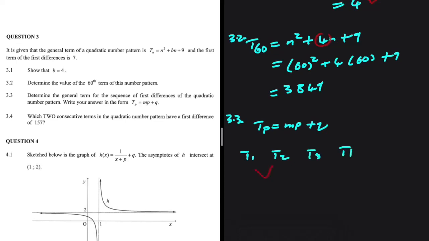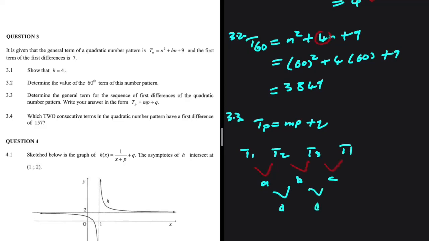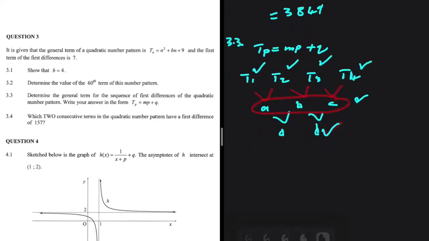And we find the differences of 2 consecutive terms, A, B, C. And then now we have our common difference, which is D and D. We're looking for the general term of this sequence, which is going to be linear with a common difference. In order to do that, we need to find T1, T2, T3, and T4, and then compute this and ultimately this. From that, we're going to be able to find the general term.